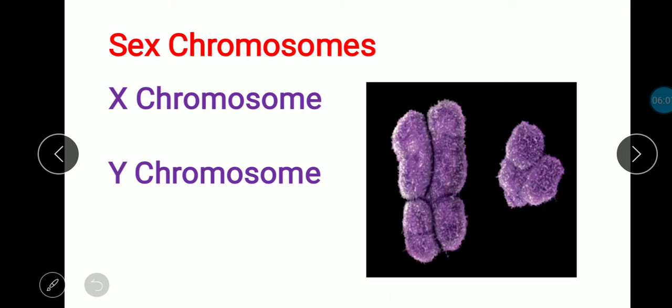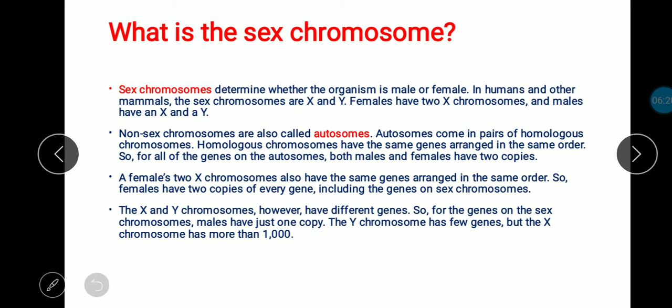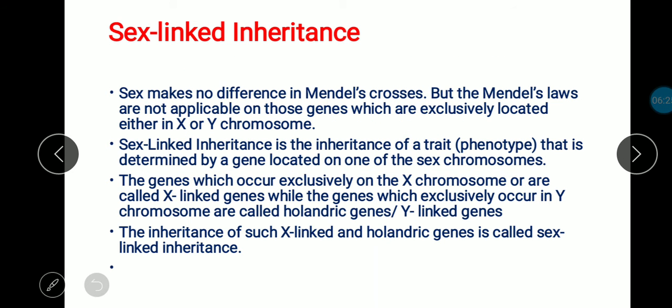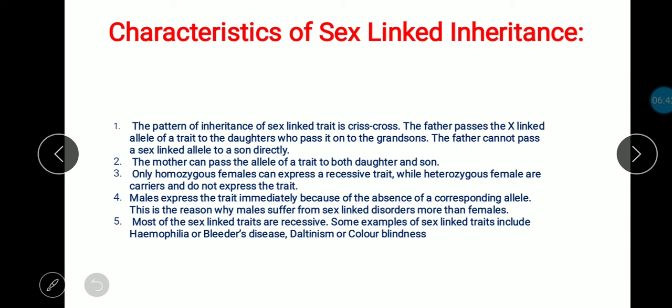But on the sex chromosomes, many other genes are also present besides the sex characters. Hence, these remaining genes are transferred from one generation to the next with a linkage to sex genes, hence called sex-linked inheritance.